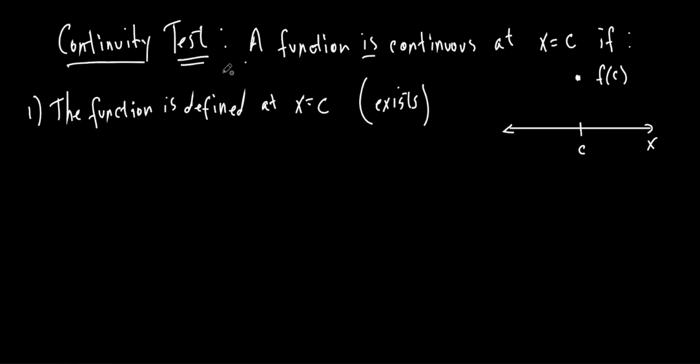And I think we do see on one of these where it does not exist. But anyway, if it exists, that's part of it. So it has to exist. That's pretty good.